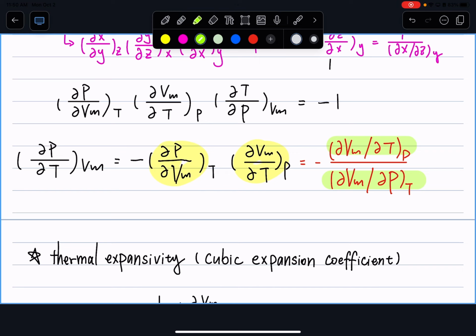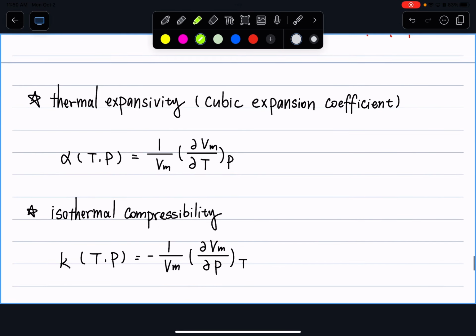We will go back to these coefficients, but let's just give them a name because we will be using them. The first one will be called alpha, which is a function of temperature and pressure. That is called our thermal expansivity, or cubic expansion coefficient. What alpha measures is how much your substance expands with respect to temperature at constant pressure.